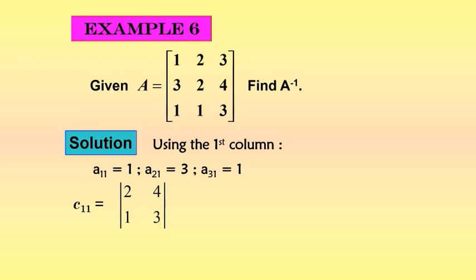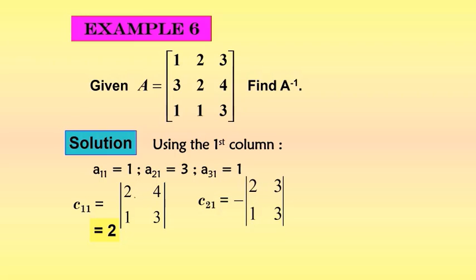In order to find the cofactor C11, you have to remember which row or column has to be deleted. So for C11 we have to delete the first row and first column. So the remaining entries are 2, 4, 1, 3.